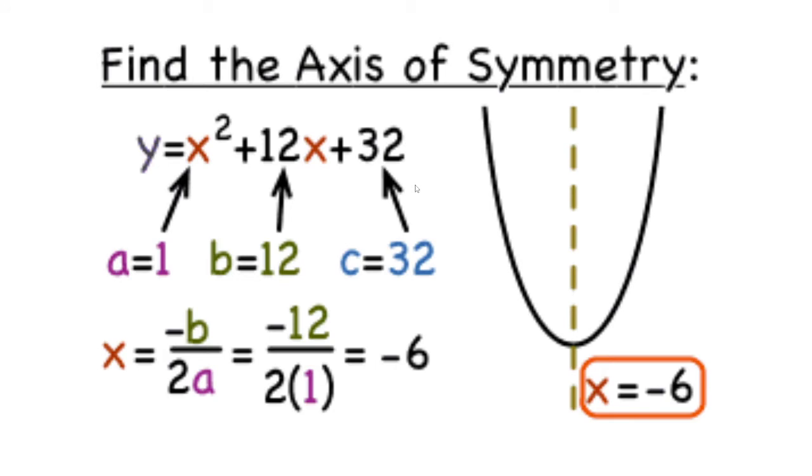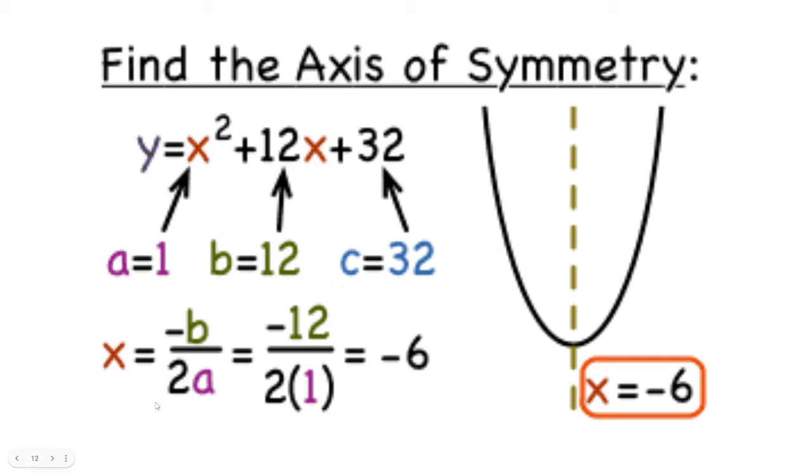Here I found this great image to tell you what the axis of symmetry is and how to find it. So, let's say it's y equals x squared plus 12x plus 32. So that'd be A, B, and C. Now, here we are with the first part of the formula before they put in their numbers.